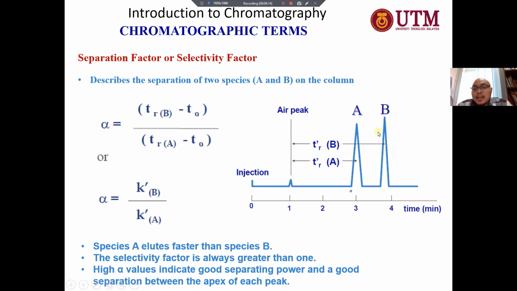The selectivity factor is just for the separation between two peaks of a pair, I mean the tips of the peaks. So for me, it's not preferable to calculate the selectivity factor. But if the question requires you to calculate the selectivity factor, you need to be able to calculate it. In my opinion, it is better to determine the RS value instead of the alpha value.